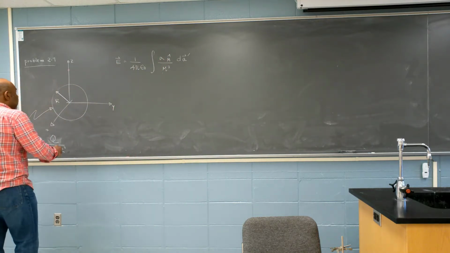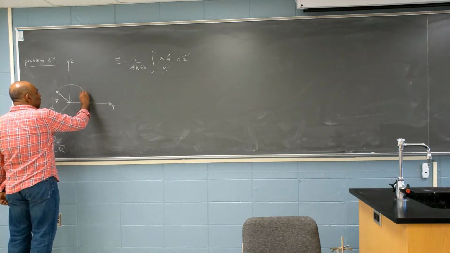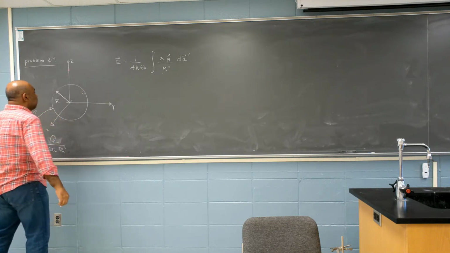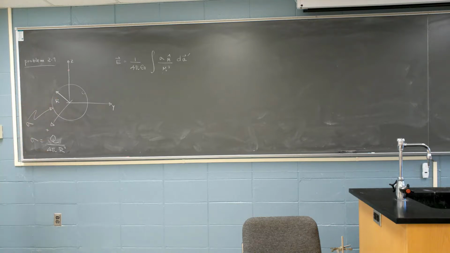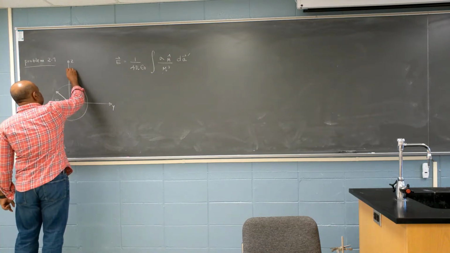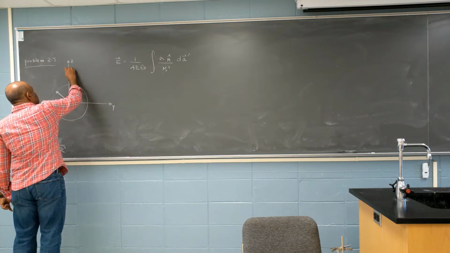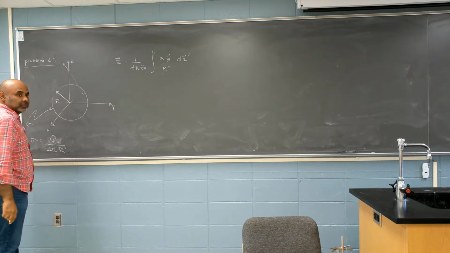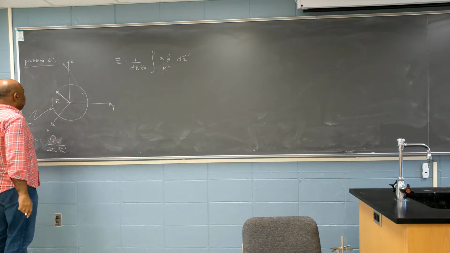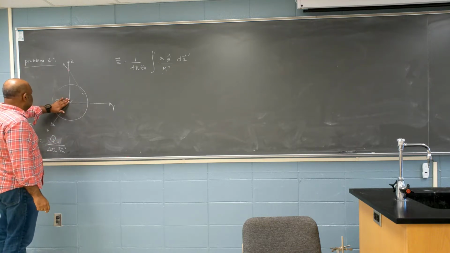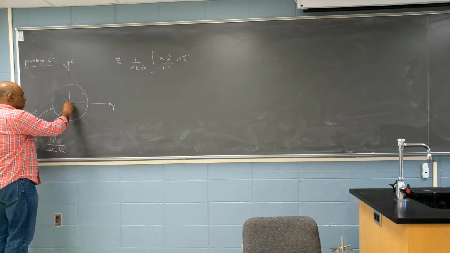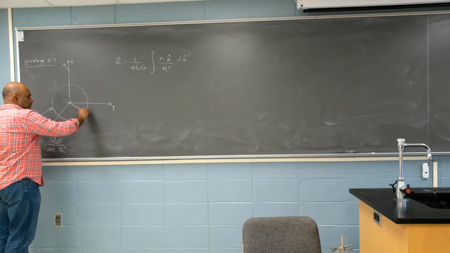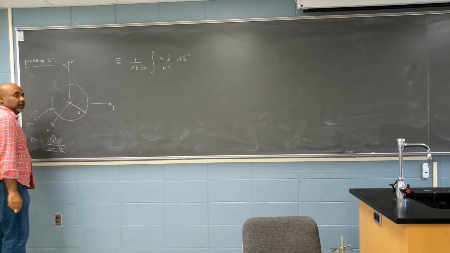Okay, so if I look at this small chunk, it's a positive charge. Which way will the electric field point? Radially outward, right? Correct? And this is where I need, let me do it this way, I'm just trying not to clutter up the diagram.